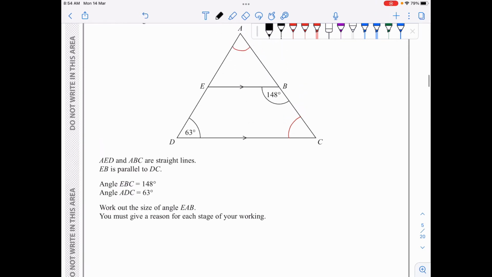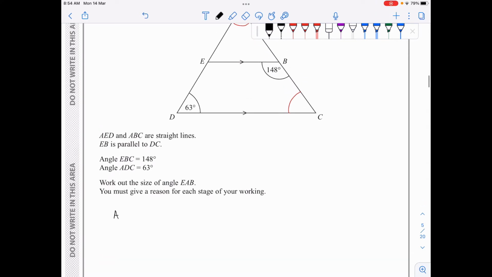So ACD is 180 minus 148, which is 32 degrees. And the reason is that we've got interior angles, and we know that interior angles add up to 180 degrees.